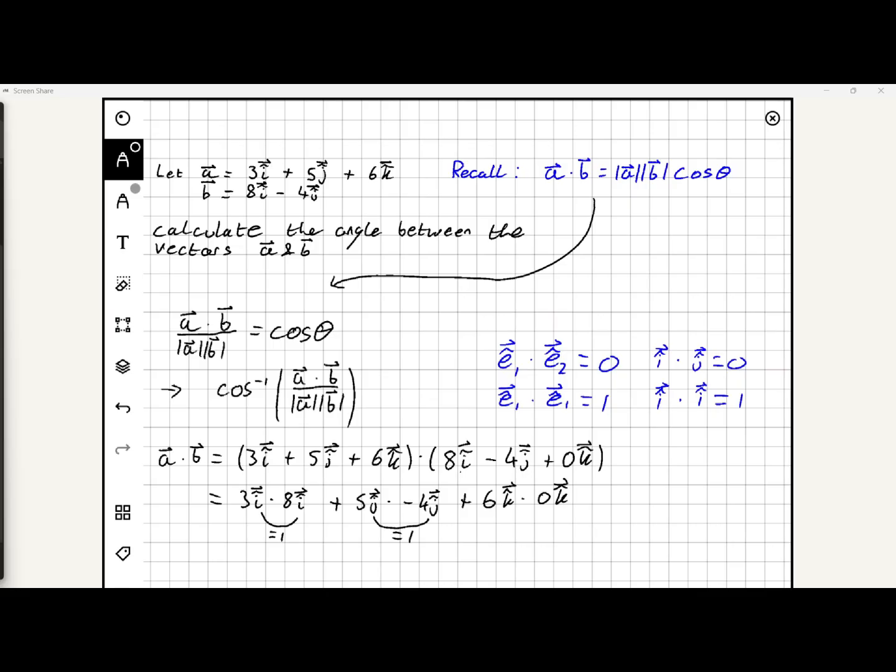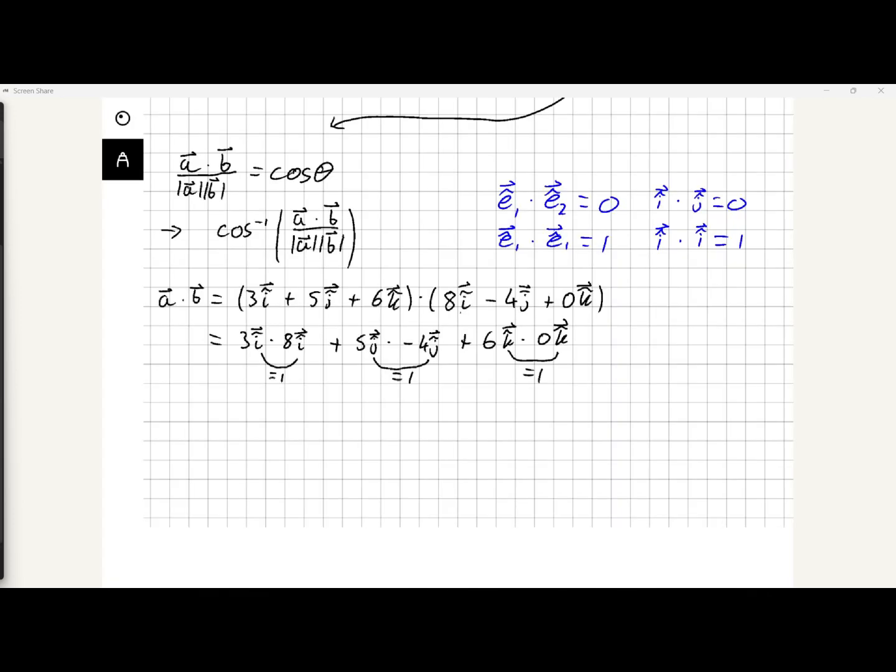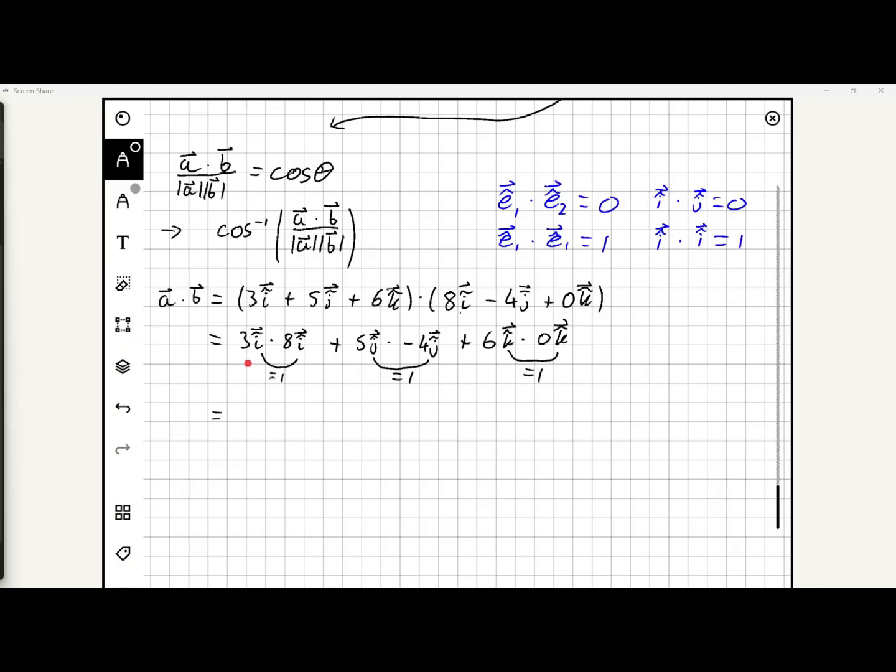Again here equals 1, and here again does equal 1. So then we're just left with 3 times 8, which is 24. Then we've got minus 20, because the j's cancel out. Then we've got plus 6 times 0 is 0. So here we've got 24 minus 20, that's just equal to 4.